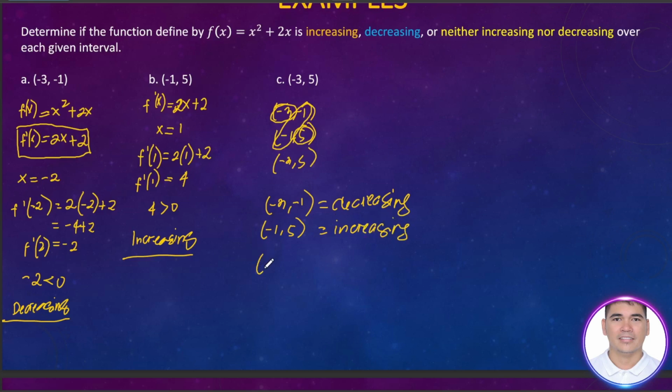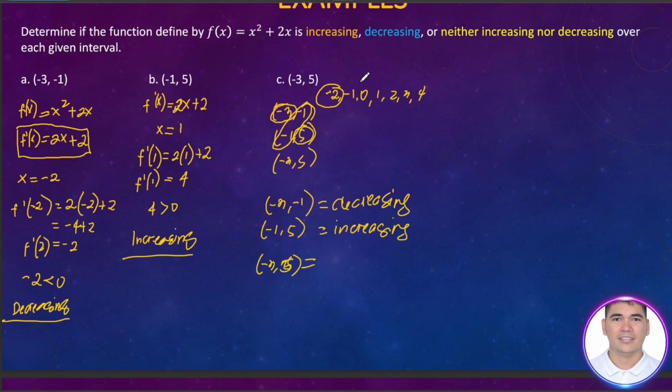Now, how are we going to determine negative 3 and 5? If we substitute x between negative 3 and negative 1, the result is decreasing. Diba? Since in negative 3 and 5, you can choose their elements. So you have negative 2, negative 1, 0, 1, 2, 3, 4. If you choose negative 2, you get decreasing. Diba?